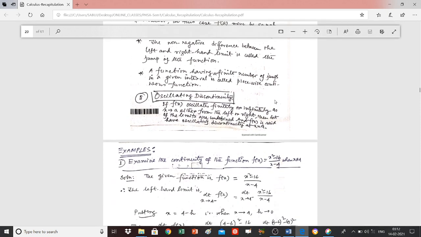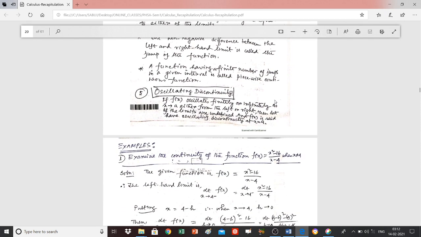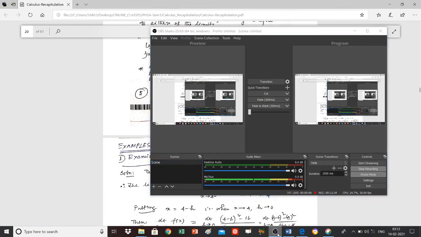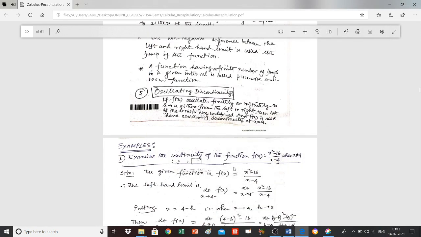Another one is oscillating discontinuity. If you have a function f(x) and that f(x) oscillates finitely or infinitely, that is, for different values of x it is oscillating finitely, or maybe the oscillation may be infinite as x tends to a, either from the left or from the right, then f(x) is said to have oscillating discontinuity at x equal to a.